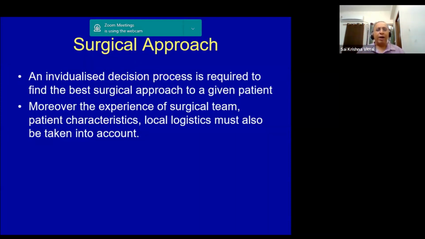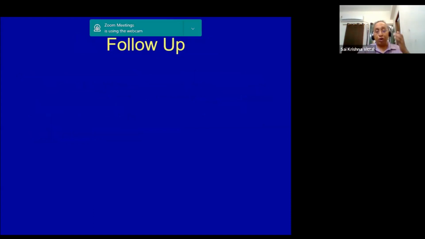These are all broad guidelines. Finally, you should treat that particular patient, and it also depends upon the experience of the surgical team, patient characteristics, patient wishes, local logistics. Everything should be taken into account.